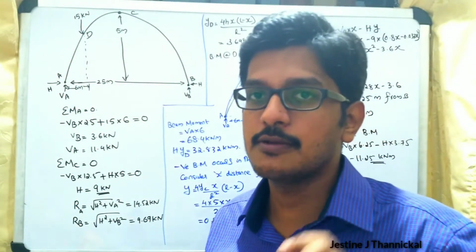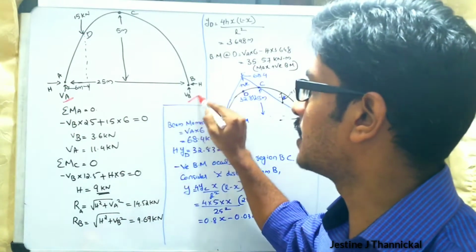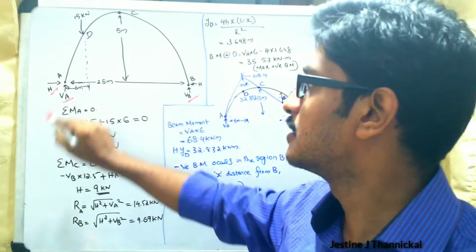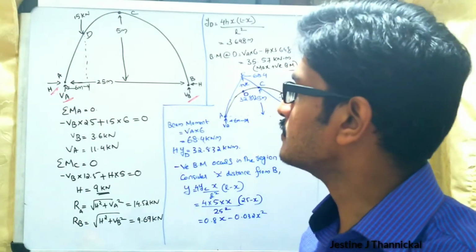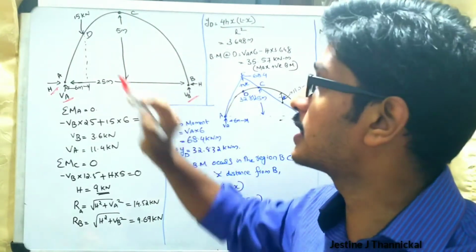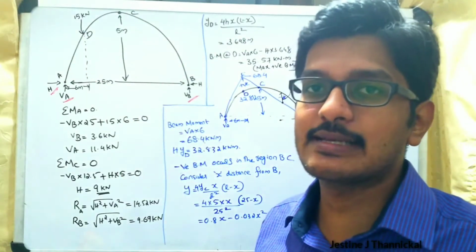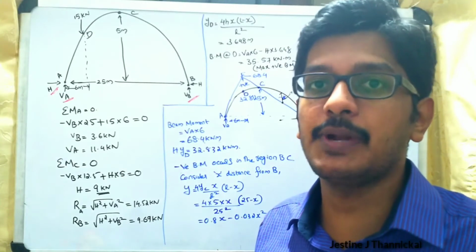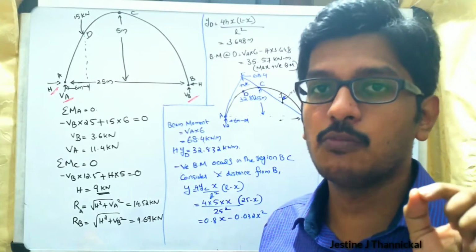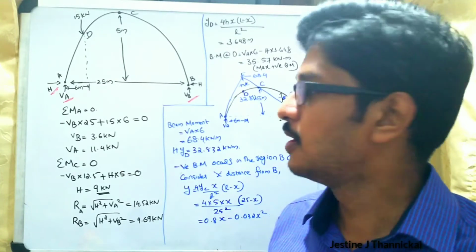In our question, we have to find the reactions VA, VB, the horizontal thrust, and the resultant. Then we have to find the bending moment at this particular point D. Then the question asks for the maximum bending moment, both positive and negative, and we have to draw the diagram also.